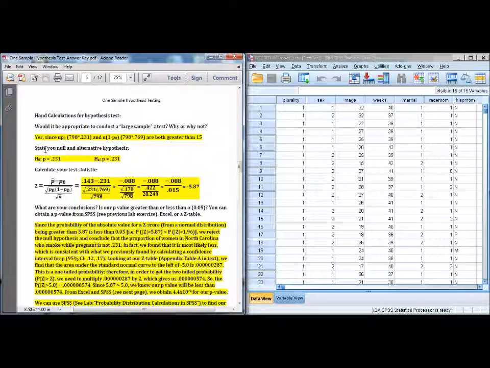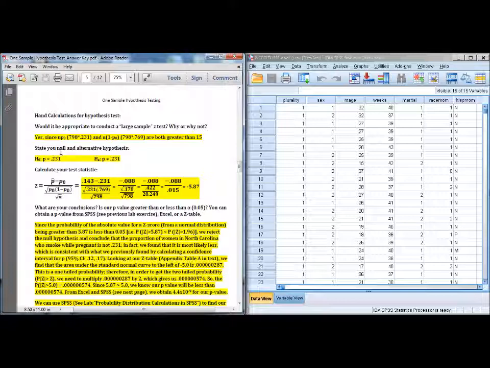Again, we can conduct an exact binomial test, but for now we're going to deal with the assumption of normal sampling distribution. Now we see here that our assumption of a normal sampling distribution has been met. np and n times 1 minus p are both greater than 15.